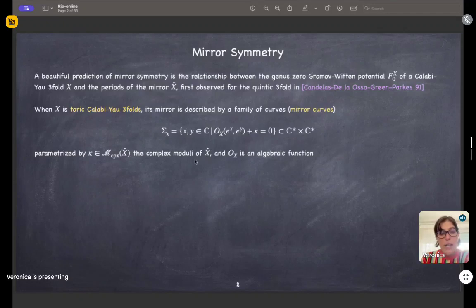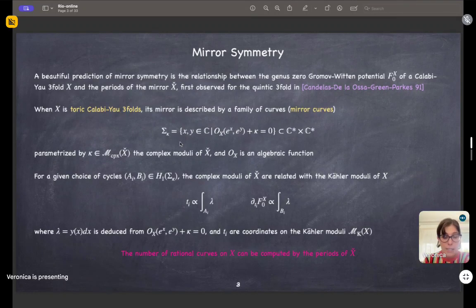This is the description, and this is how periods on this curve are related to the enumerative geometry of X in genus zero. It happens in the following way.